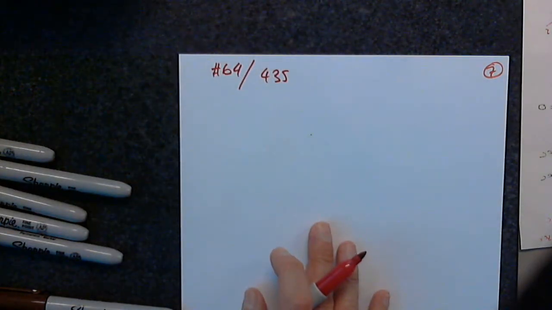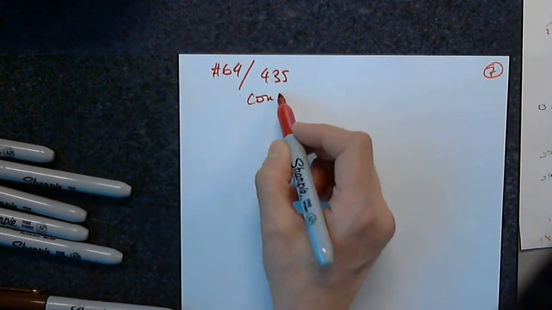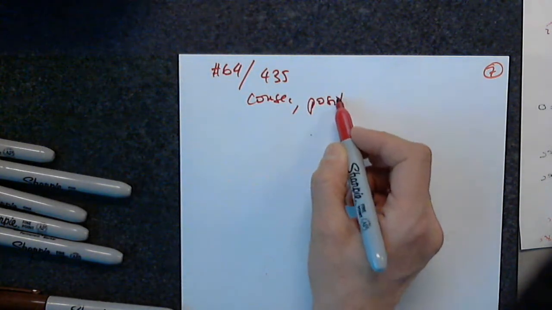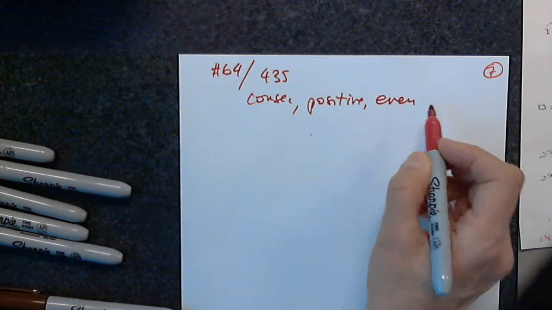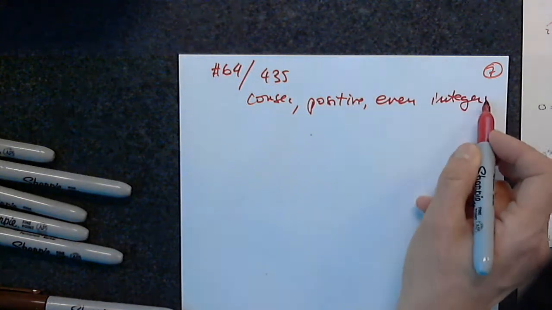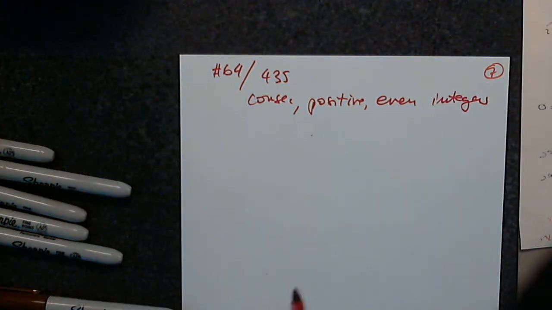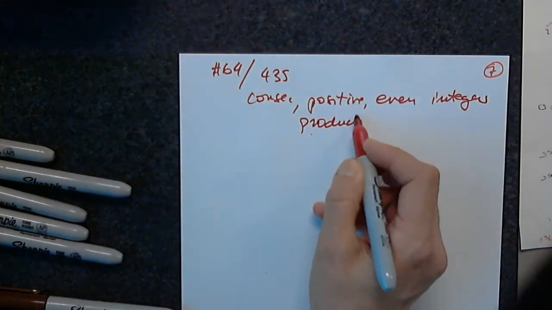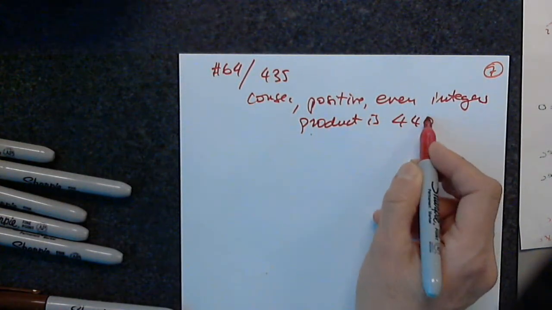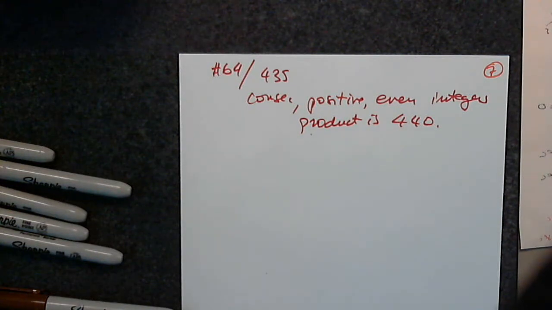Find two consecutive positive even integers whose product is 440. Good. So let's try to find an equation that will allow us to solve and find those two consecutive even positive integers.